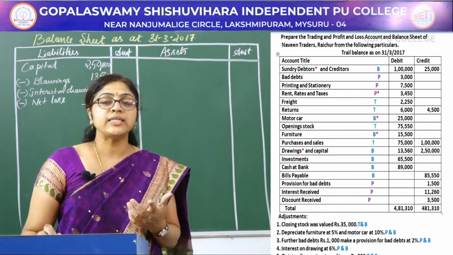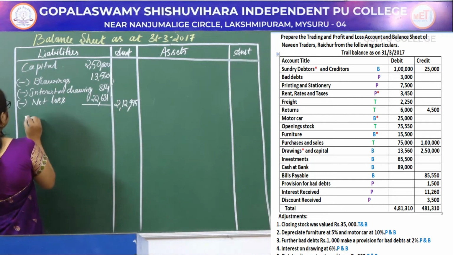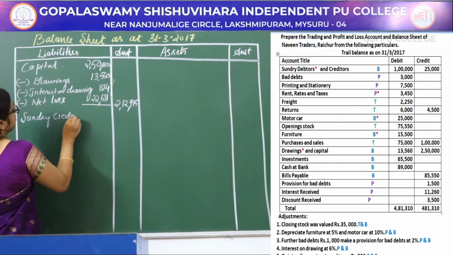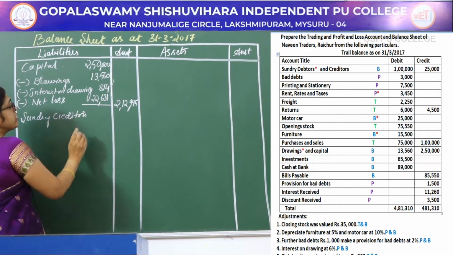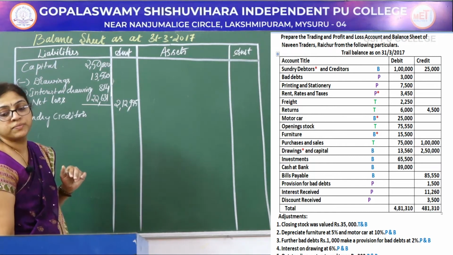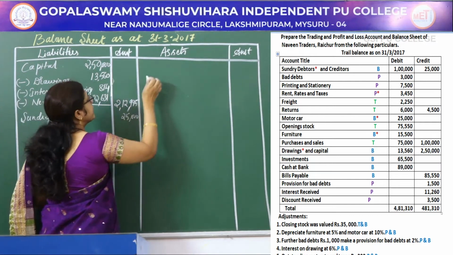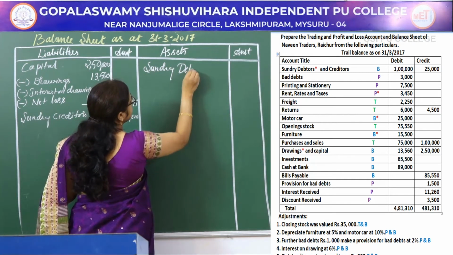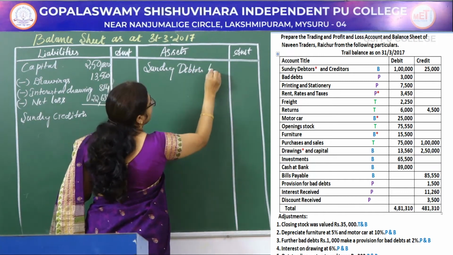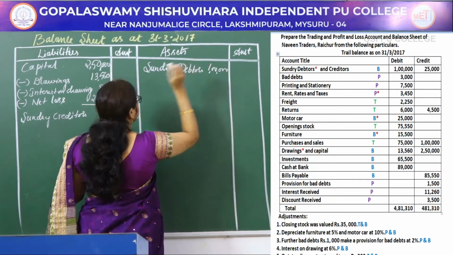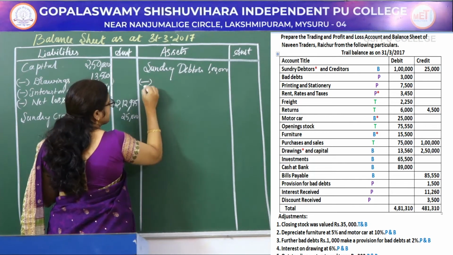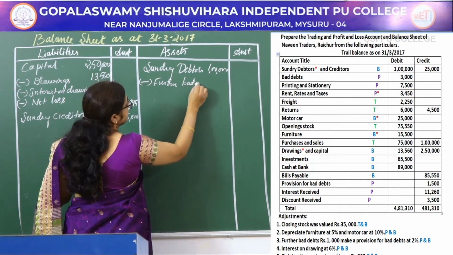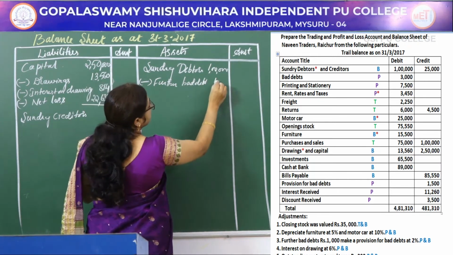Next see the trial balance. Sundry debtors and creditors is given. So sundry creditors, there is no adjustment. Write the amount in the outer column, 25,000. Next one, sundry debtors. Write the amount in the inner column, 1 lakh. There is an adjustment, that is less further bad debt 1000.